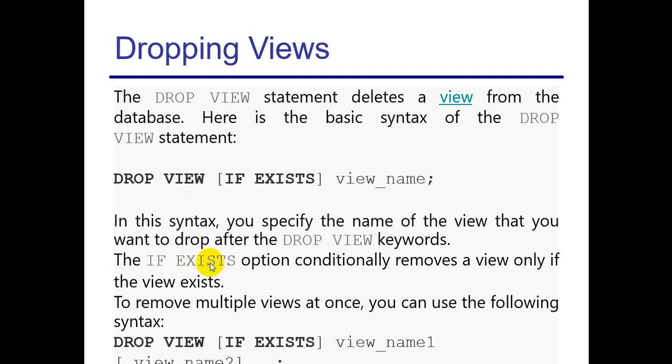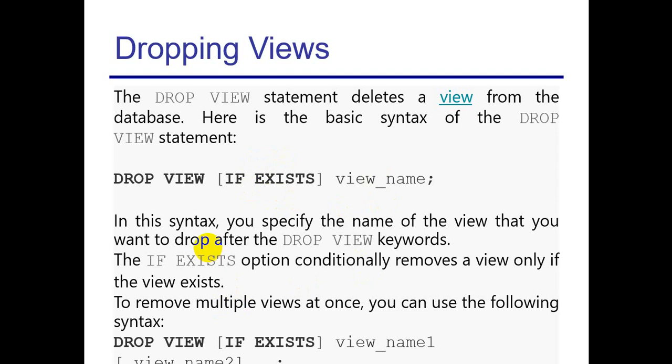If exists is an optional condition, it removes a view only if the view exists. So it is better to use if exists, and if there is a view existing with this name, it will be deleted. Otherwise it will inform you that you have used the wrong name for the view, or the view doesn't exist.